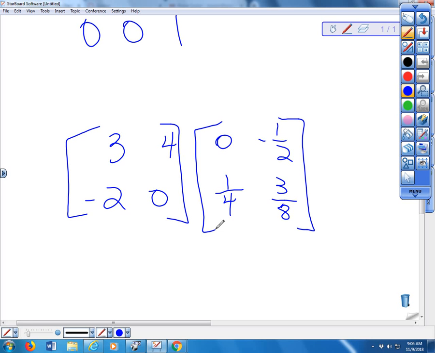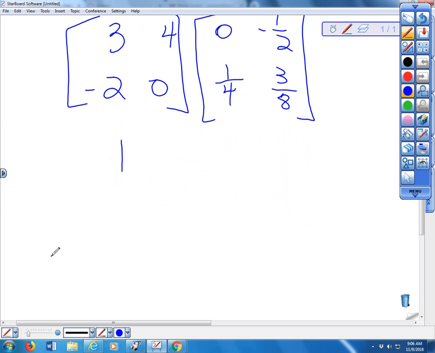Okay, 3 times 0, 4 times 1/4. 3 times negative 1/2. So it's negative 3/2. 4 times 3/8.